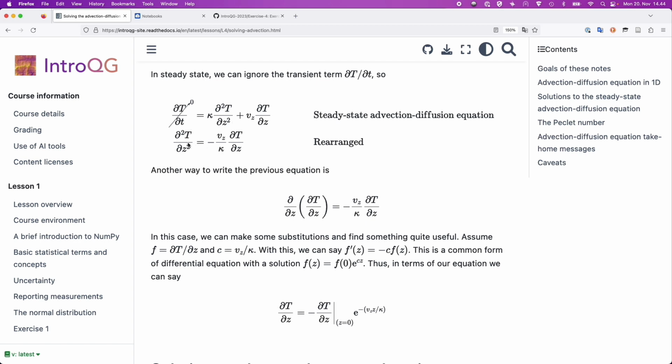an equation that has the second derivative of temperature being equal to minus Vz over kappa times the first derivative in temperature with respect to, in this case, depth. And you can rewrite this basically as the derivative of this dT/dz.